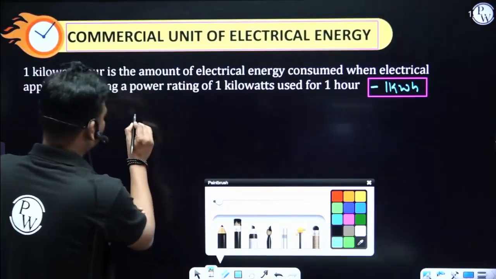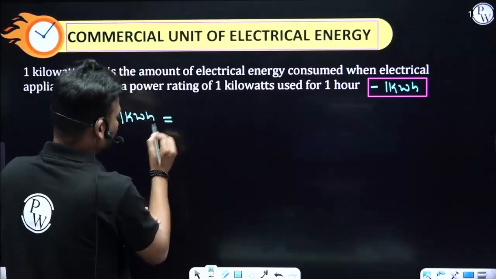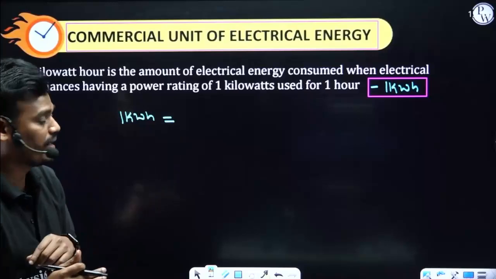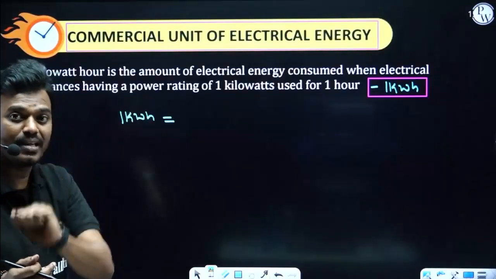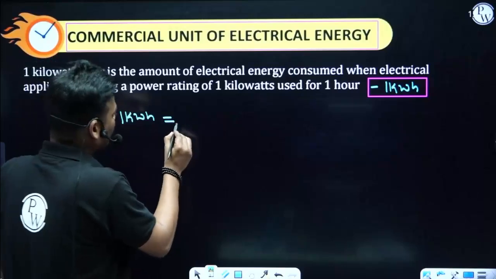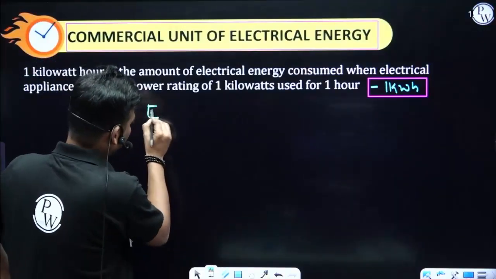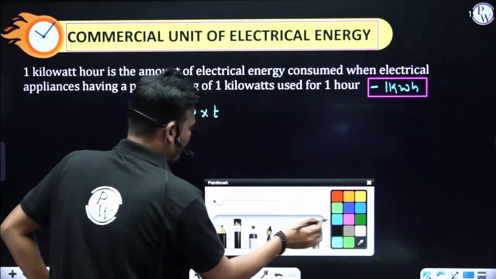Next one. Before that, here we have one relation. 1 kilowatt hour is the commercial unit. With respect to the SI unit, what is the relation between the commercial unit and the SI unit? Generally, energy is power into time, so let's compare them.